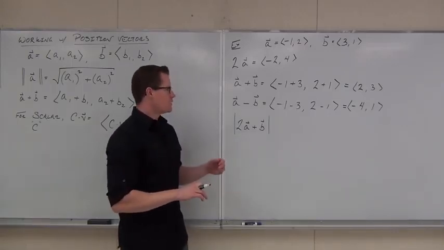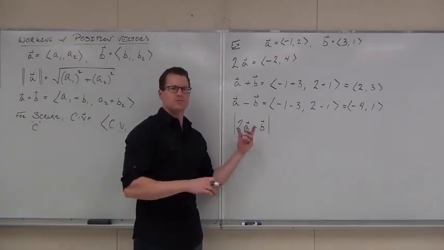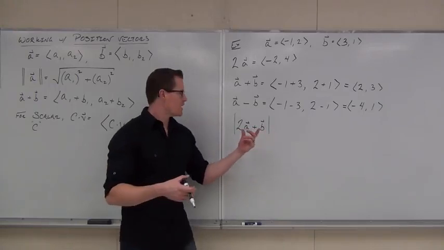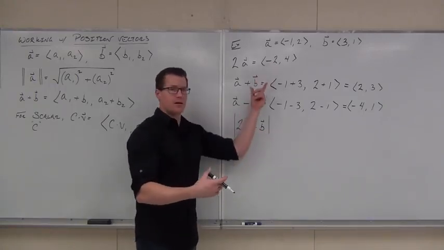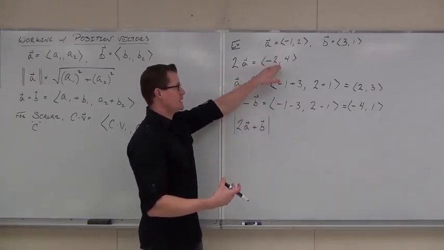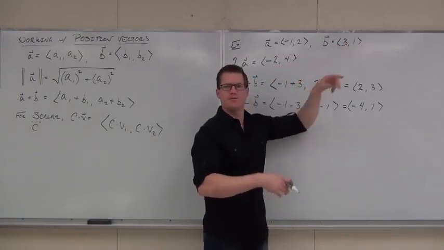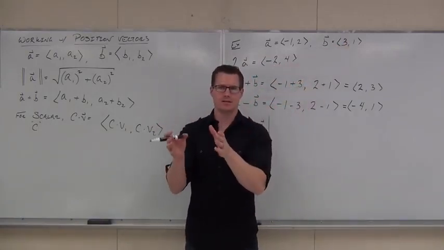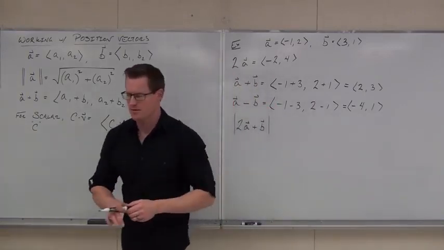Okay, so the whole idea is, just like order of operations, I'm going to need to figure out what this is. I'm going to need to know what 2A is, well, I already have that. I'm going to need what plus B is. So I'd be taking this vector plus this vector, figuring out what that is, and then finding the magnitude of that. Does that make sense? Try it. I'll give you about 30 seconds, see if you can find the magnitude.